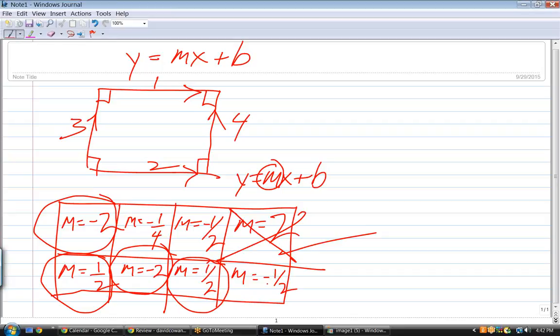And I don't. I only have 1 2. In other words, if one of the slopes was negative 1/2 and another one was negative 1/2, that would be 2 sides of the rectangle. But the other 2 sides, I would need 2 positive 2s. I don't have them. And throw those 2 out.